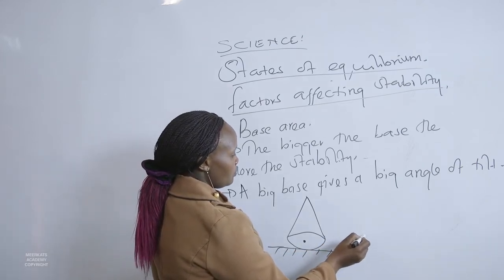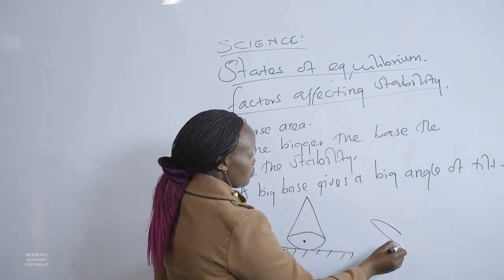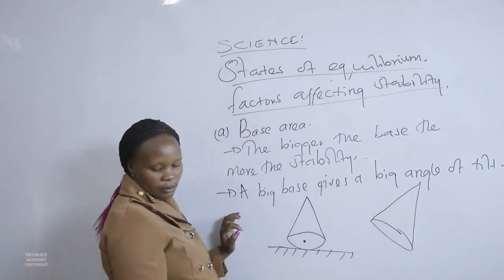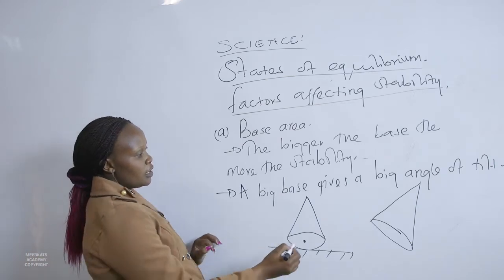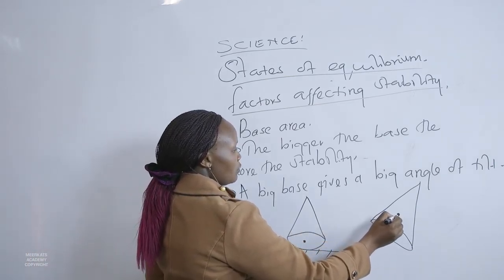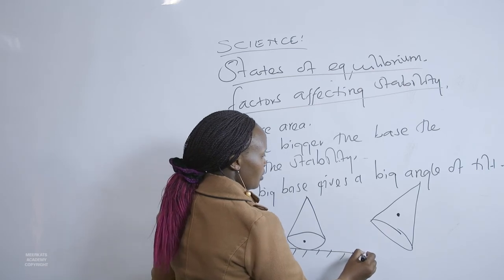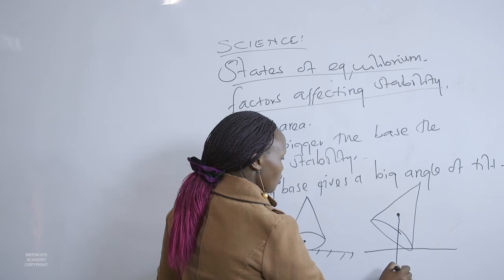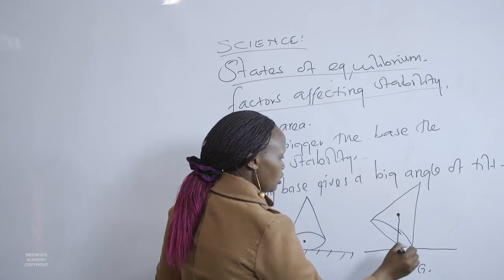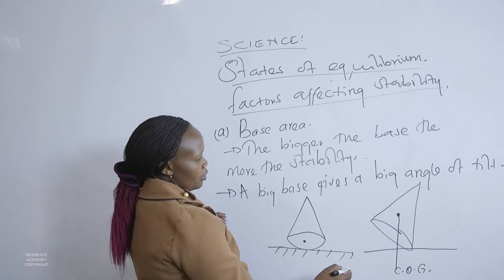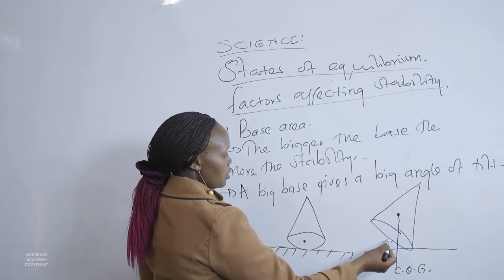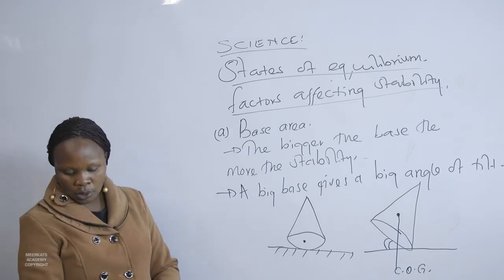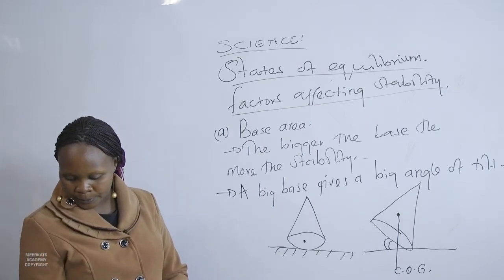For example, something like that, so that now your center of gravity will be somewhere there. Now the position of the center of gravity will have changed to some point. So the whole of this is the angle we are calling the angle of tilt.